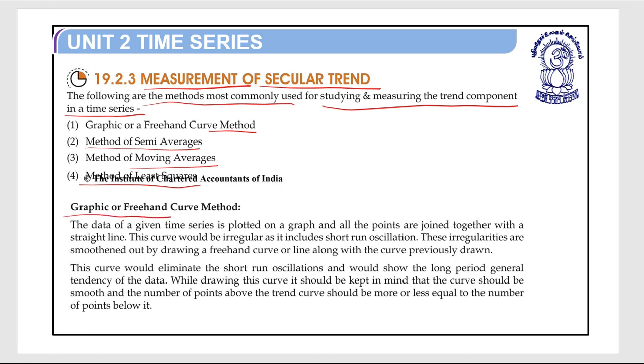First is the graphic or freehand curve method. The data of the given time series is plotted on a graph and all the points are joined together with a straight line. This curve would be irregular as it includes short run oscillations.